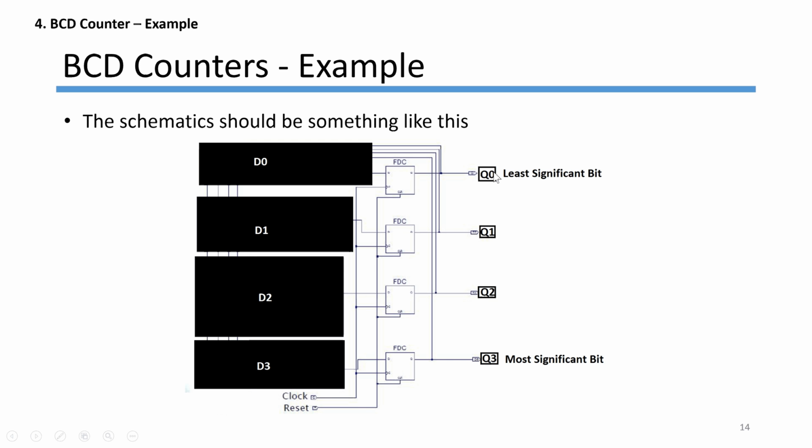Your outputs will be Q0, Q1, Q2, Q3, from least significant bit to most significant bit. You will need to obtain the Boolean expression for D0, D1, D2, and D3, and then create this combinational logic into your BCD counter. This is a blueprint of sorts of a BCD counter, counting from 0 to 9.